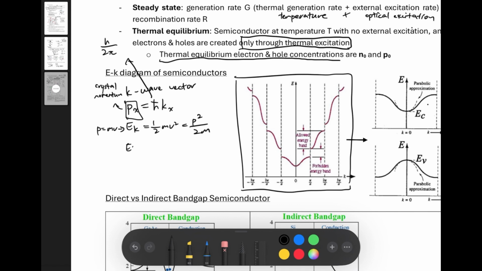Similarly, EK is equal to, if you think about the classical way, px squared over 2m, which is h bar squared kx squared over 2m. As you can see, this will look something like a parabola, because it's a squared term.